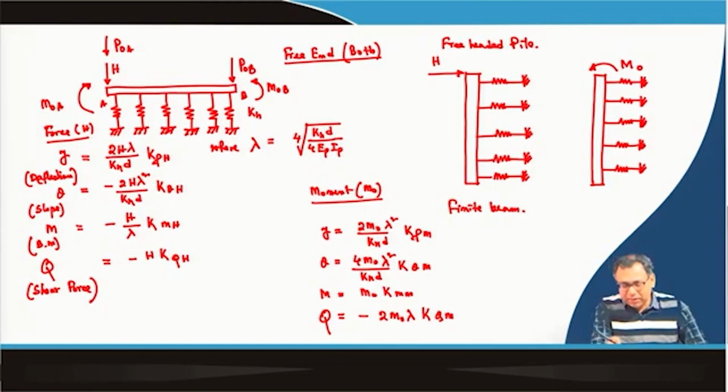For the fixed headed pile, the top or the head of the pile is fixed, but the bottom is free. That means one end of the beam is fixed, another end is free, and for the free headed pile both the ends are free, which is the condition by which these equations are developed. So, for the free headed pile directly we can use these equations, but for the fixed headed pile we cannot.